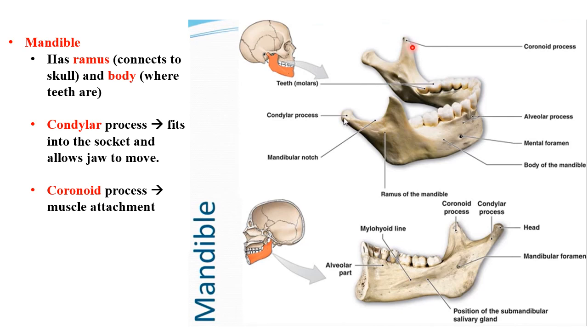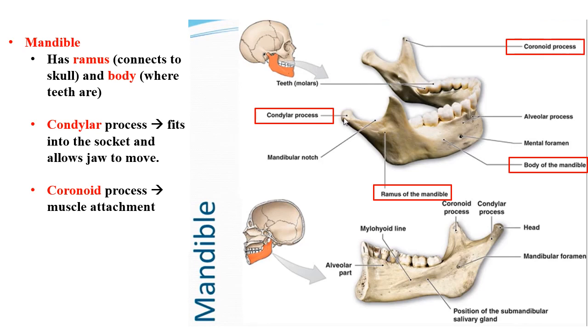They are really important for muscle attachment, for tendon and muscle attachment. Okay. So what you need to know here: you have the ramus of the mandible right there, the body of the mandible. So those are parts you have to know. Condylar process, coronoid process.